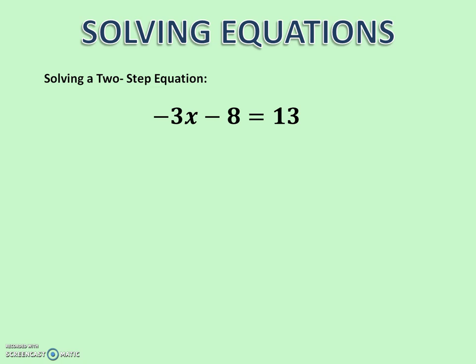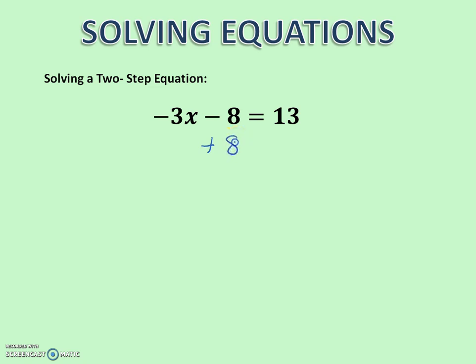We'll use the same ideas in solving two-step equations. The only difference is that there are more steps needed to get your answer. Now let's look at what operations are happening in this equation. We have this negative 3 multiplied by x. We have an 8 being subtracted over here, equals 13. The first thing that we're going to do is make this 8 being subtracted cancel.